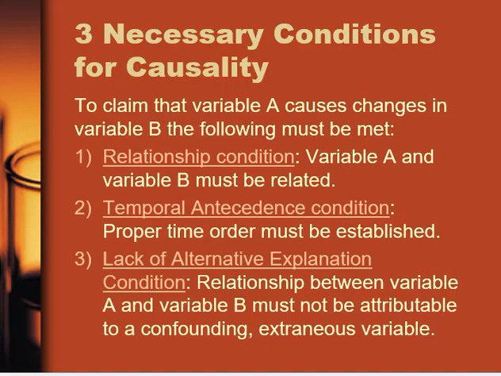So variable A has to happen in time before variable B. And obviously, this is why cross-sectional research can't actually meet the conditions of cause and effect, because it doesn't have this temporal condition. And thirdly, we also have to look at if we've controlled for alternative explanations. Is the relationship between variable A and variable B true, or is it due to other confounding or extraneous variables?